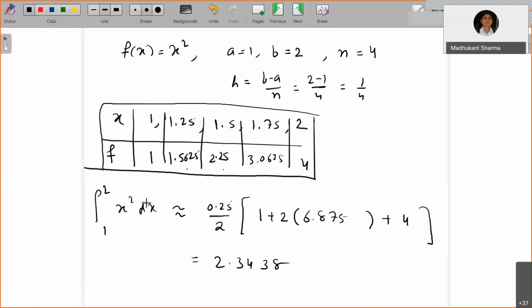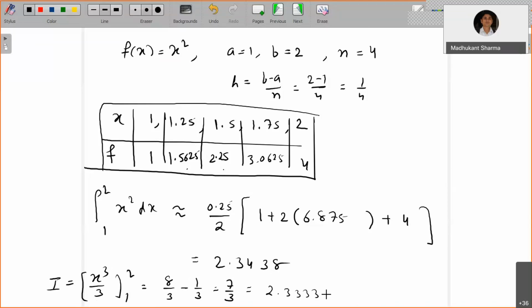Okay, and what is the analytical value? This is x cubed by 3, right? So I is equal to x cubed by 3 from 1 to 2. So you have 8 by 3 minus 1 by 3, which equals 7 by 3. So it will be something like 2.33333.